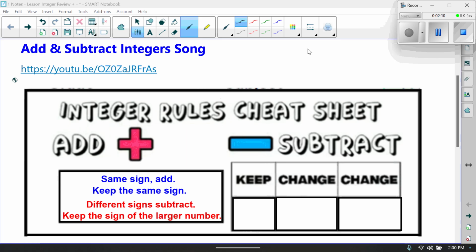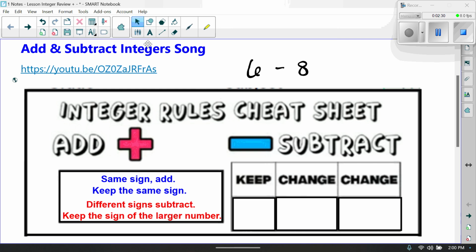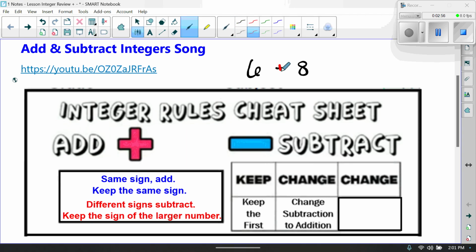So if I had, for example, 6 minus 8, then under keep, it says we want to keep the first integer the same, and then we want to change the subtraction to an addition problem.